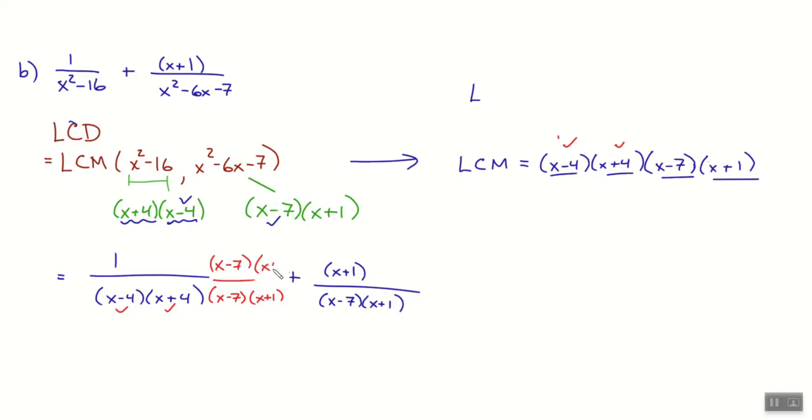Now, it gets a little bit uglier, but I just want to stress, what did I multiply by here? So kind of, but what is this? 1. And what is this? 1. So what did I really multiply by? 1. Even though it's kind of ugly, right? Now, we didn't do the simplification stuff here. Help me figure out which ones are missing on this one. We have an x minus 7 and x plus 1.